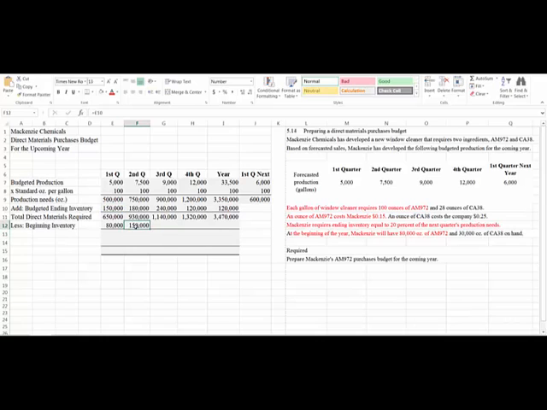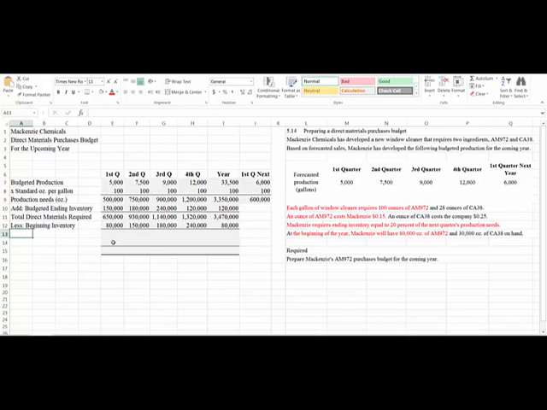So the beginning inventory for second quarter is ending inventory for the first quarter. We can drag that across, and we have our beginning inventory for each of the periods. Now, our beginning inventory for the year is equal to our beginning inventory at the beginning of the first quarter.